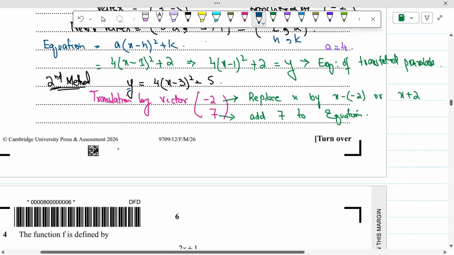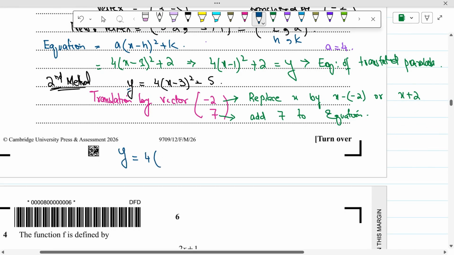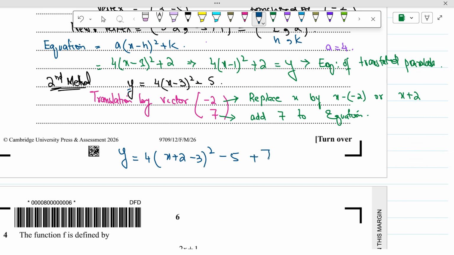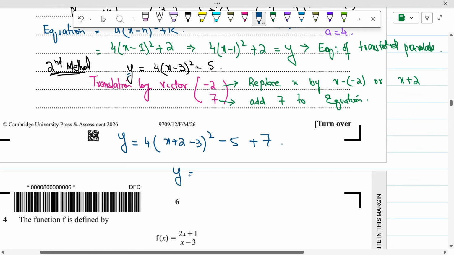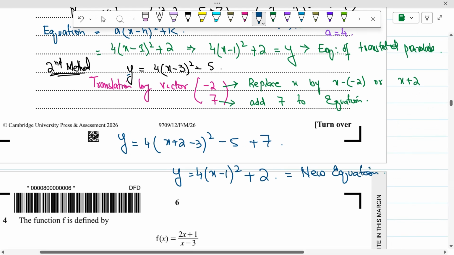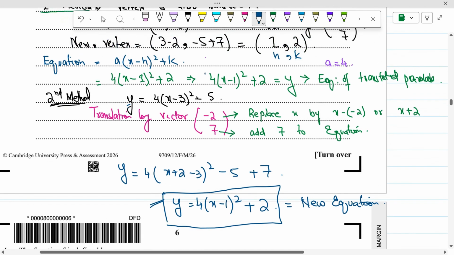So this equation can be written as y equals 4 times (x plus 2 minus 3) whole squared minus 5, plus 7. So we will have y equals 4 times (x minus 1) whole squared minus 5 plus 7, which is plus 2. So this one is the new, translated equation. So either you can use this method or you can use the other method.